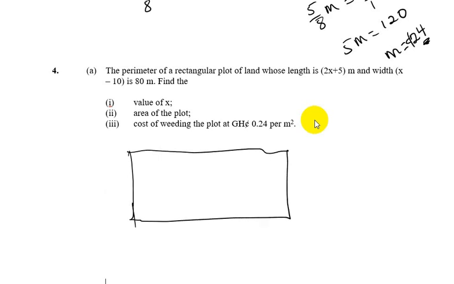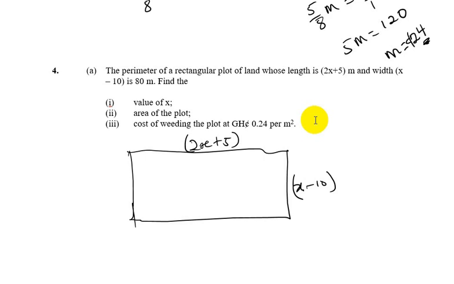The length is 2x plus 5, and the width is x minus 10. And they are saying that the perimeter is 80.